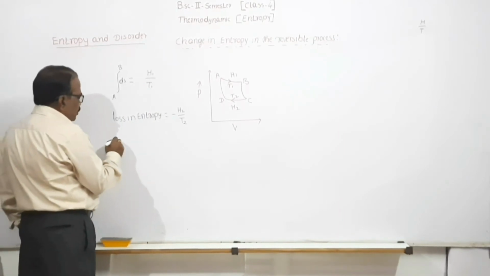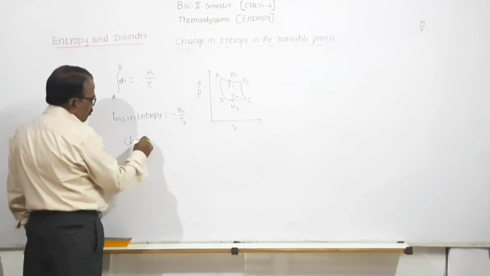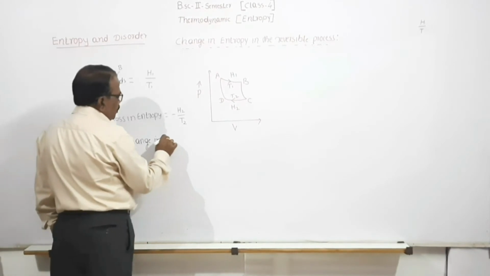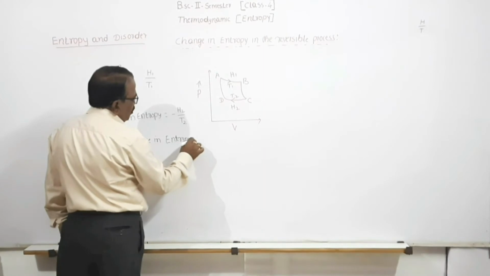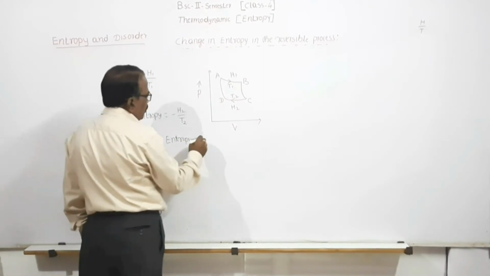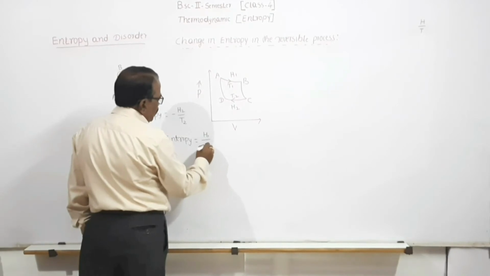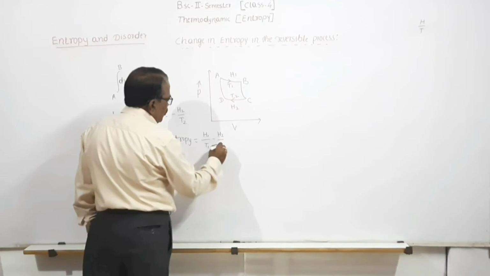Therefore, change in entropy in the reversible process is equal to H1 upon T1 minus H2 upon T2.